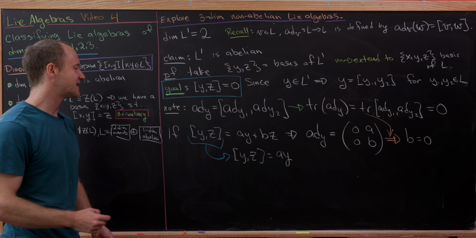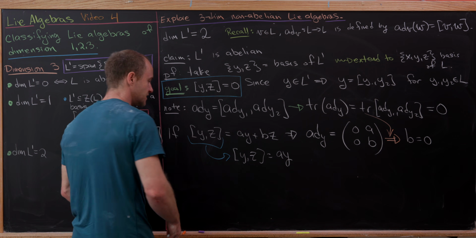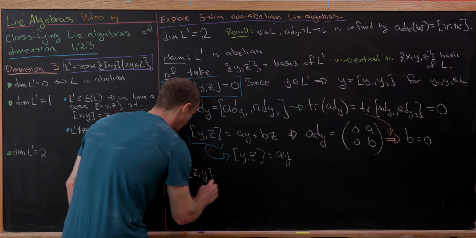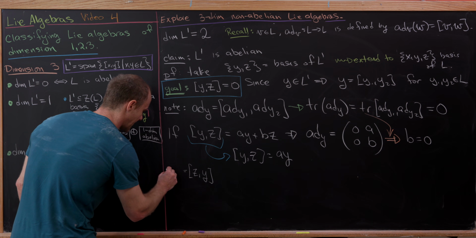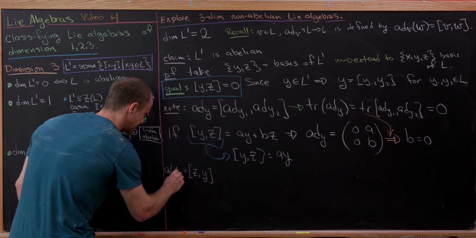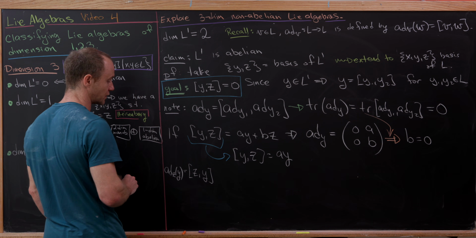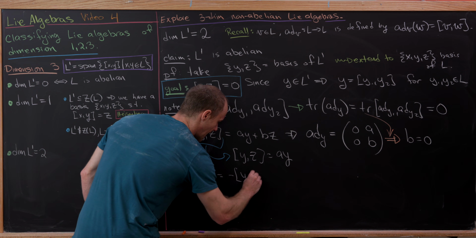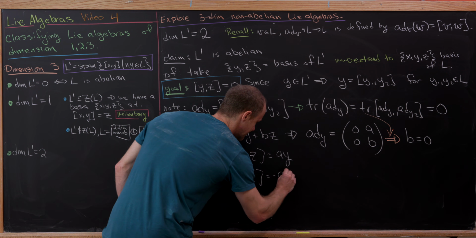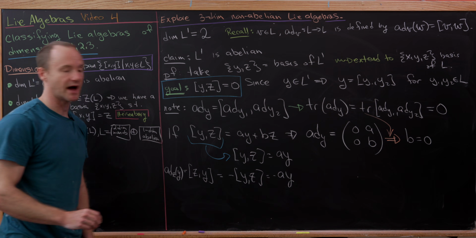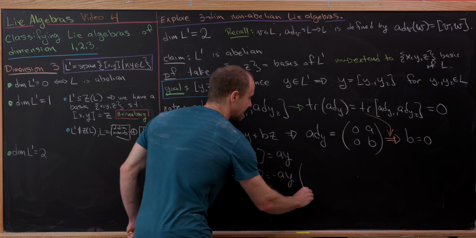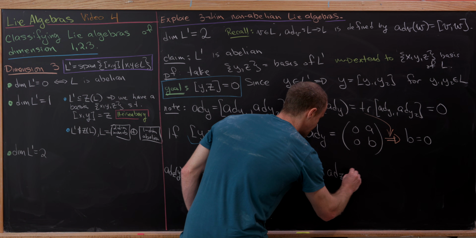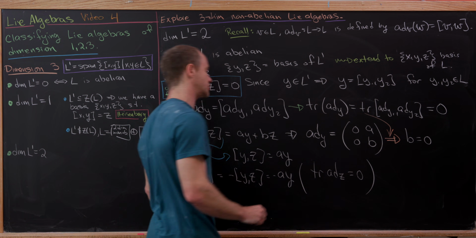But now we can play the same kind of game. Let's notice that the bracket of Z with Y, which is the adjoint action of Z applied to Y, is going to be the same thing as minus the bracket of Y with Z, which is minus a times Y. Then again, using similar methods to what we did up here, we can show that the trace of the adjoint action of Z is equal to 0.